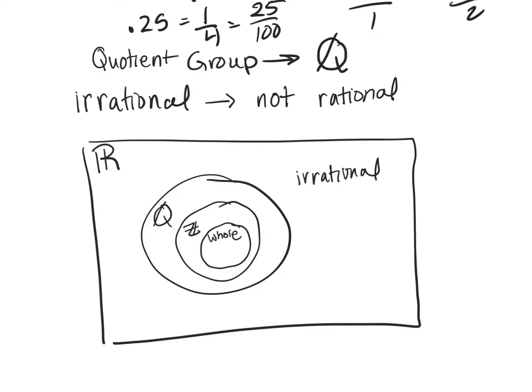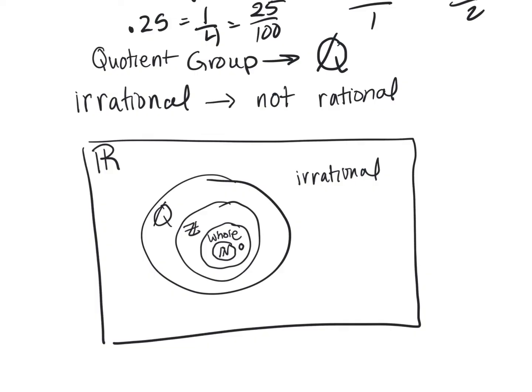And inside the whole numbers, you have the natural numbers. There's only one whole number that's not natural, and that's 0. So this is what a Venn diagram would look like. You are either rational or irrational. The combination of the two makes all of the real numbers.